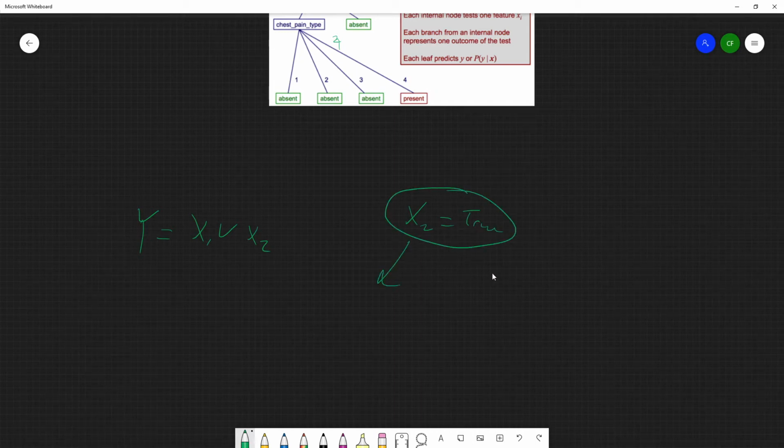We have 2 outcomes for this, yes and no. If it's over here, then we have true as our outcome. We predict y equals true. If it's a no, then we have to check if x1 is equal to true. If it is, then it is true. If it is not, then it is false.